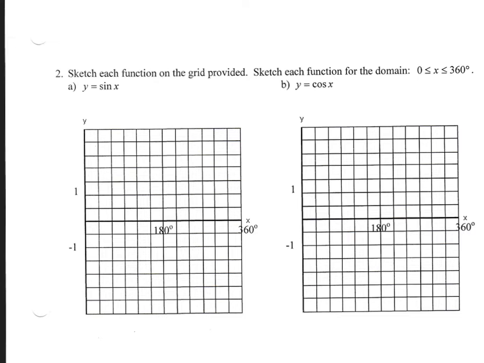So what I'd like you to do now is pause the video and sketch each one of these graphs with the changed scale on our y-axis. You'll notice that our scale on our y-axis is 0.5. Now I'd like you to produce those graphs. So go ahead and pause the video.